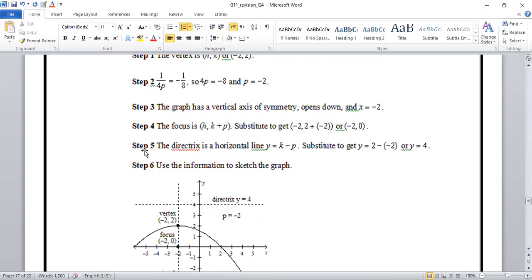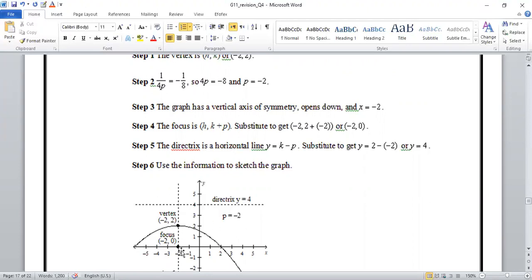From the vertex, the focus is (h, k plus b), which is (-2, 2 plus -2), or (-2, 0). The distance from vertex to focus equals the distance from vertex to directrix.